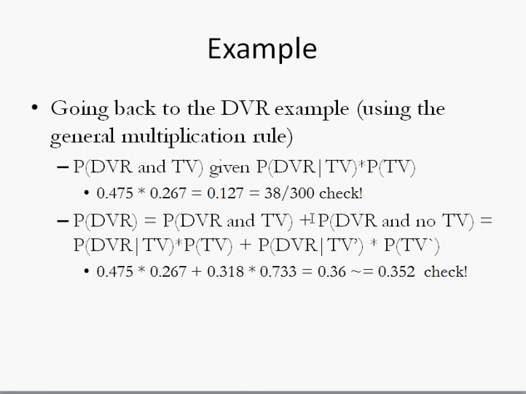There are other approaches. We can use other formulas. In the second bullet, we're using the joint probability as a conditional and marginal twice. We use it here and we use it here, and because these two things make up the universe of DVR, we can add those up.